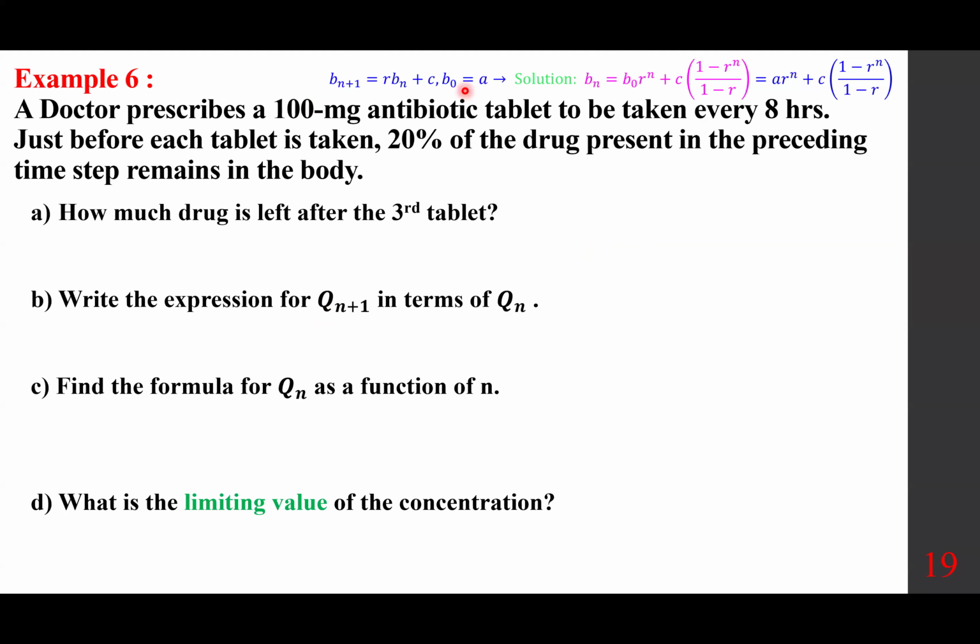First of all, B sub 0 becomes Q sub 0, which is always 0. Lowercase c is 100 milligrams of antibiotic. And what remains in the body is 20%, so r is 0.2. So that is writing the given.